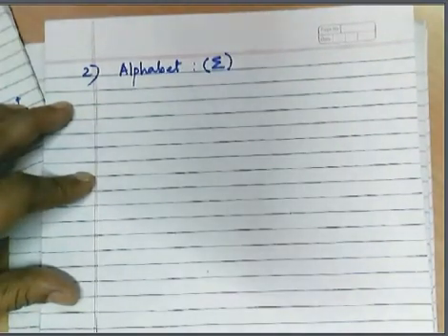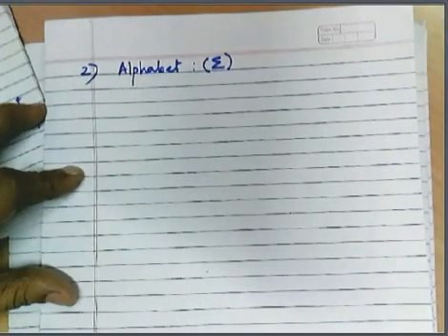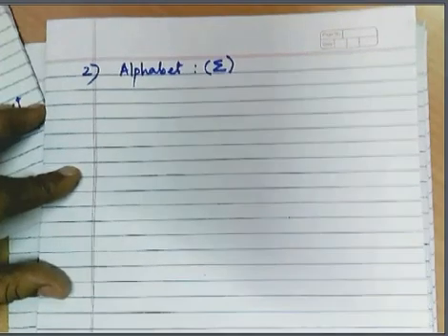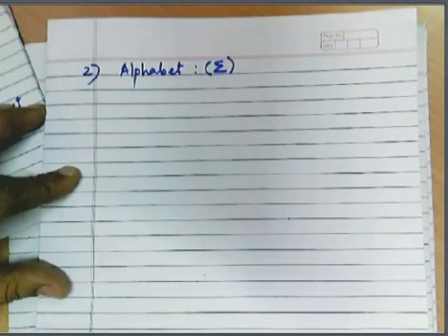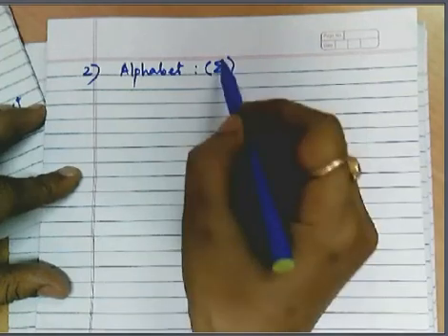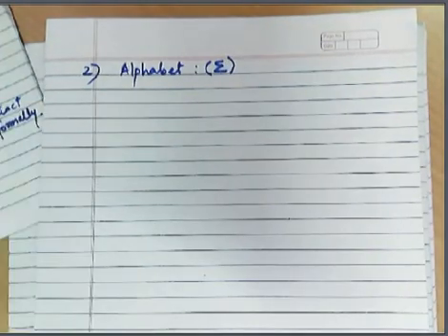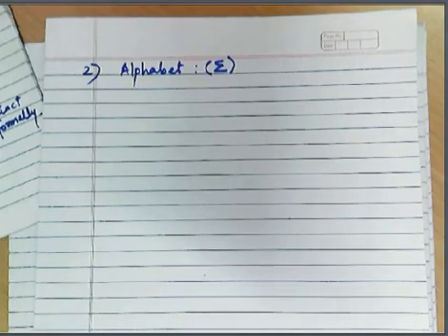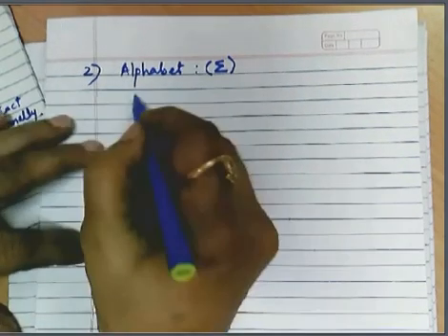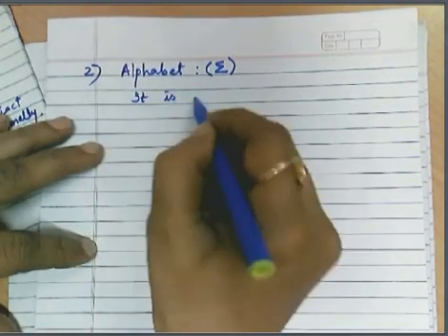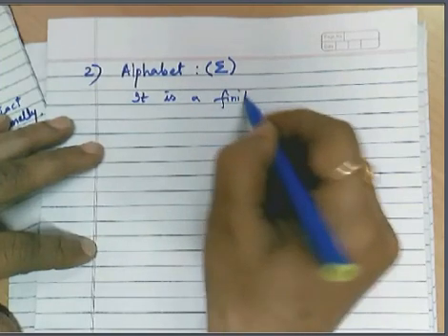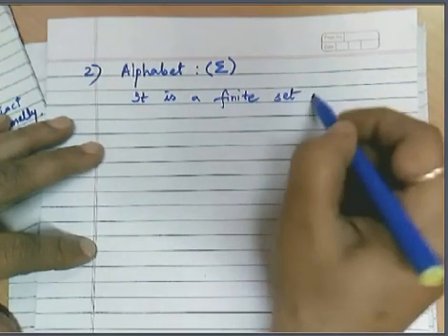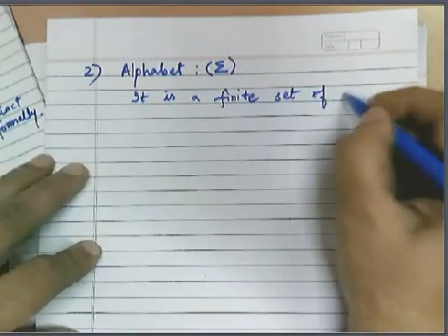This particular symbol we are going to use throughout the subject. So you should remember that an alphabet is denoted by summation, and it is a finite set of symbols.